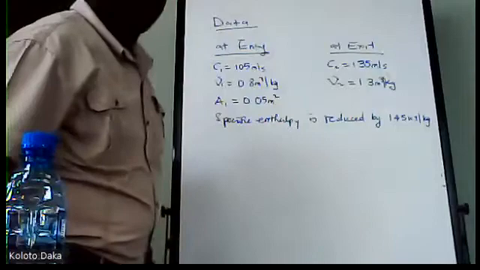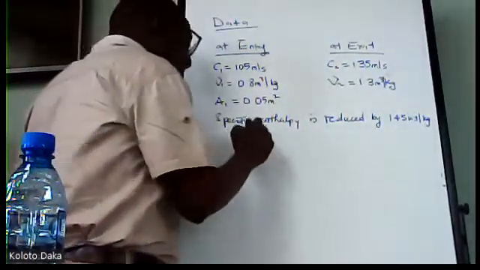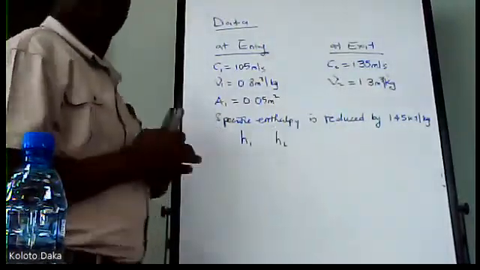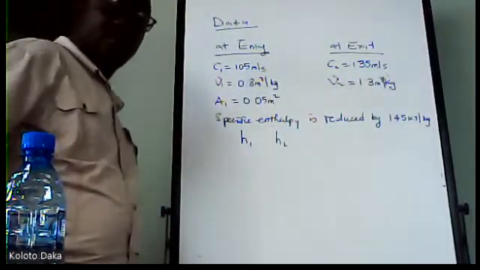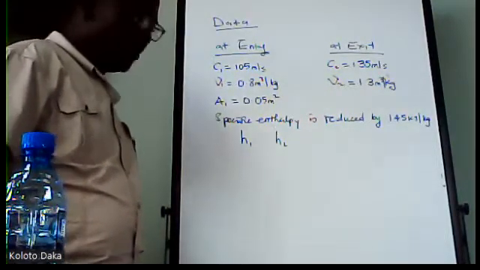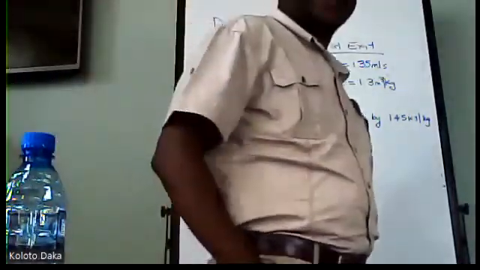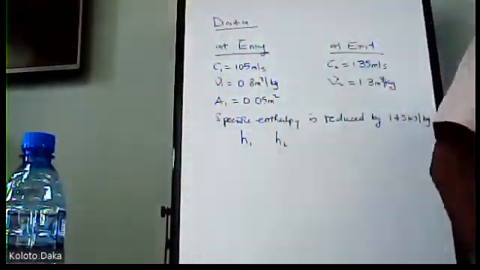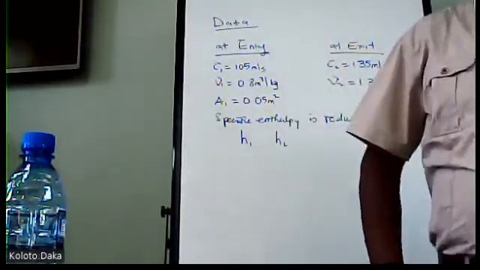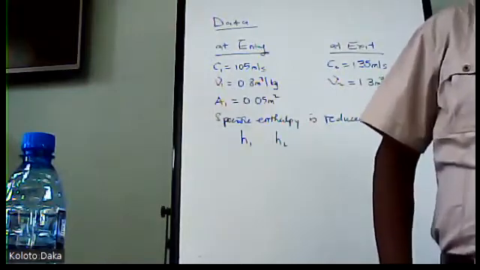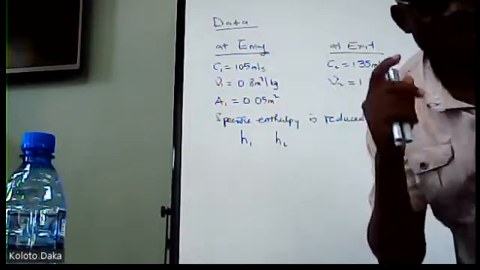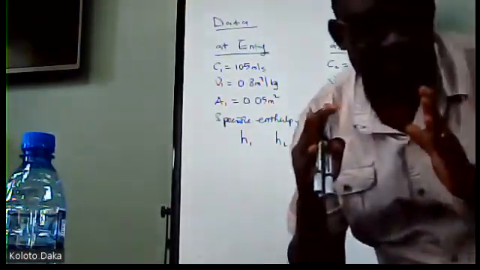So this 145, is it H1 or H2? No, they have not said the specific enthalpy at entry. And they have not said the specific enthalpy at the exit. So we don't know what is at entry. We don't know what is at the exit. Are we together? But all we know is the reduction.